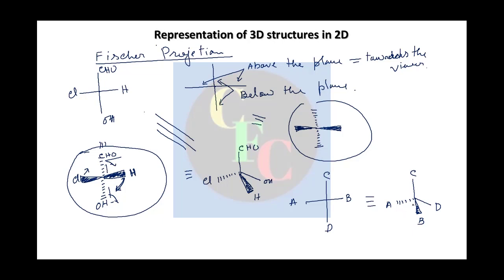If you are looking from this angle, from this side, suppose your eye is here, looking at this side, then what will you see? You will see something like this only, right? You will see A, B, C and D, isn't it? So these are the three ways of projecting a three-dimensional molecule in 2 dimensions.